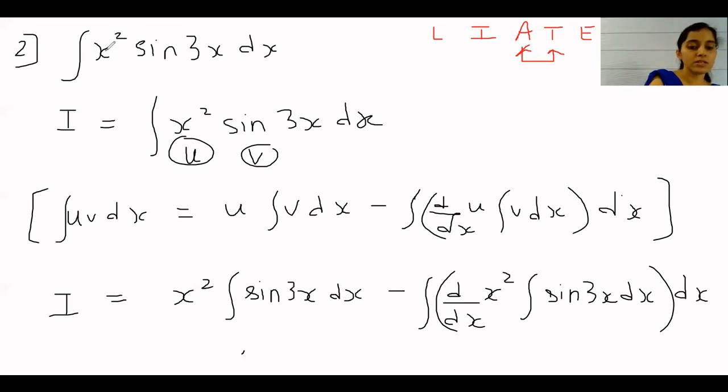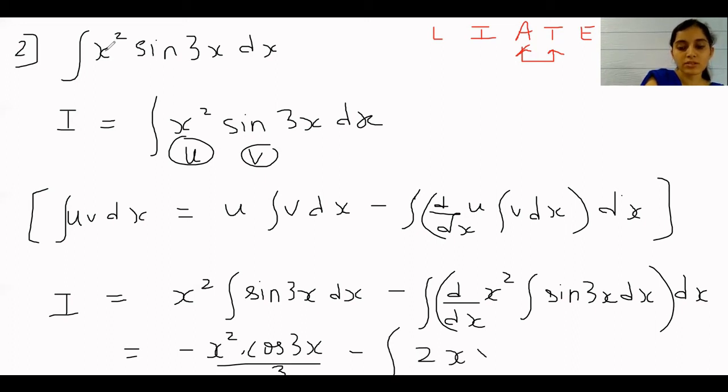So what is the integration of sine? It is minus cos 3x, so minus x square cos 3x upon 3, minus integration, derivative of x square is 2x, into integral of sine 3x, which is minus cos 3x divided by 3, dx.